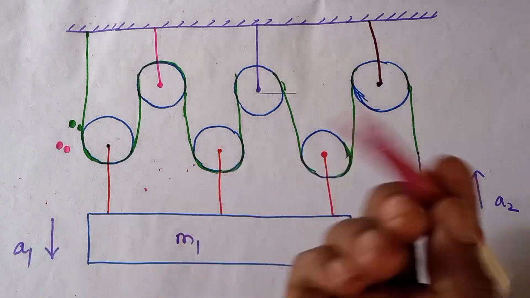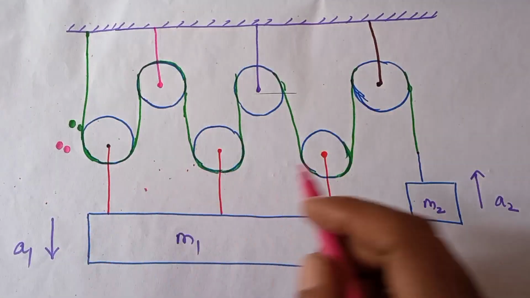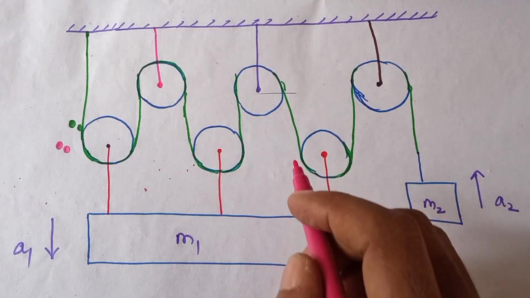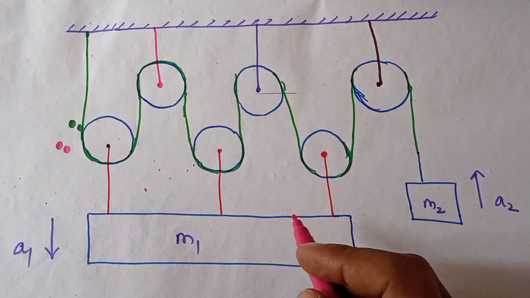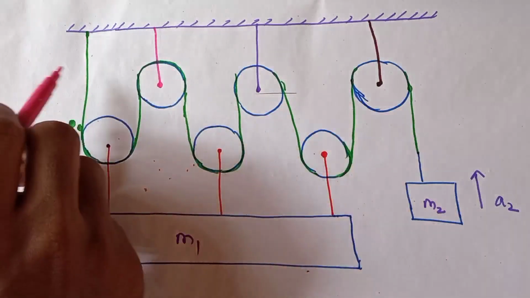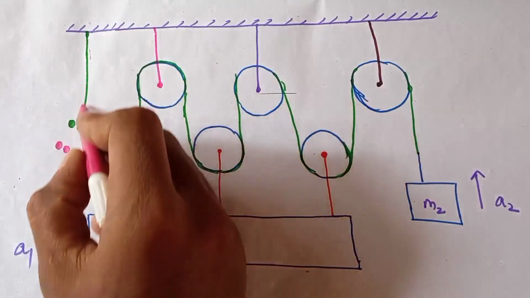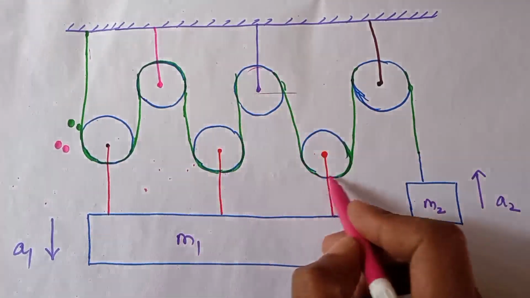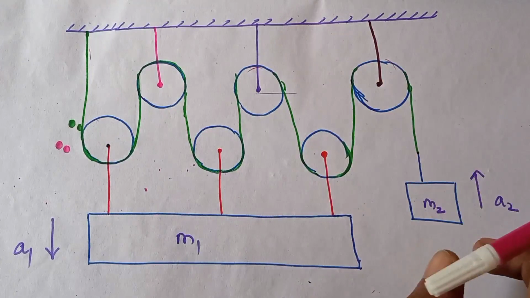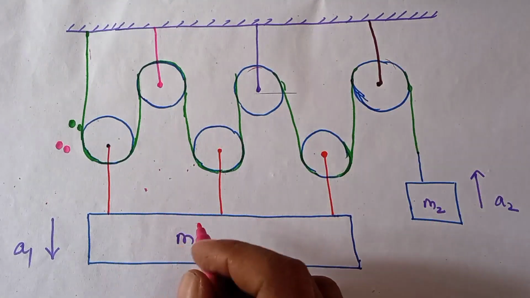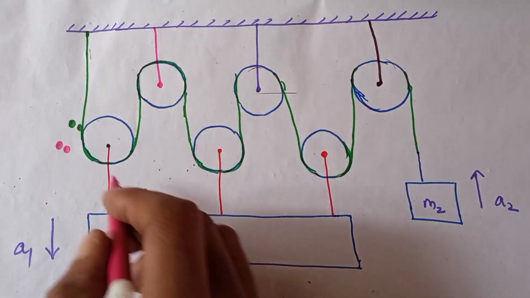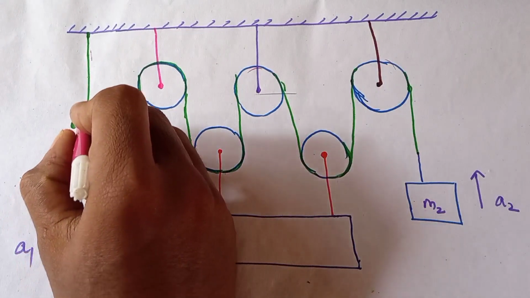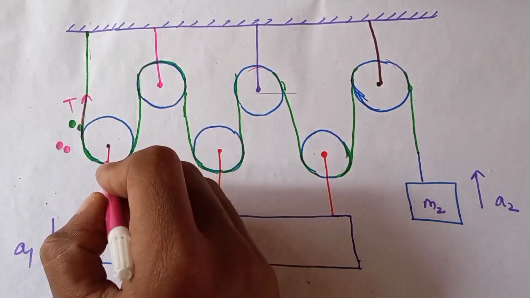Let's apply concept number one first. Concept number one says same string means same tension. As you can see, from here to here this is only one string, the same string. So from concept number one, the tension here will be T in the upward direction.